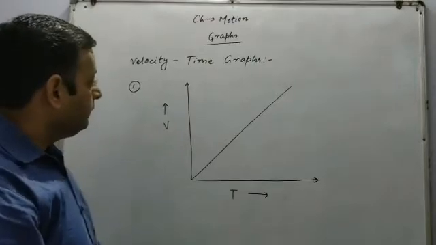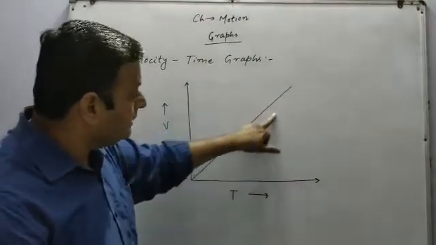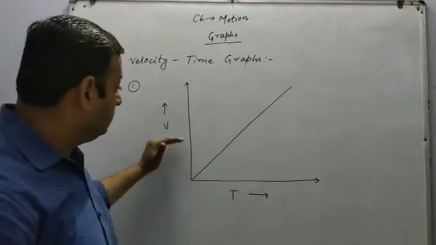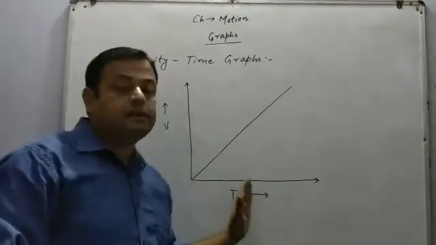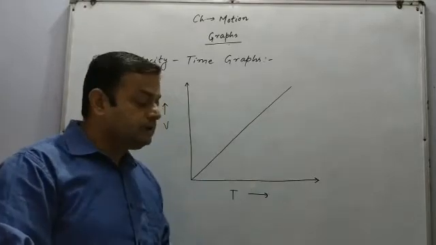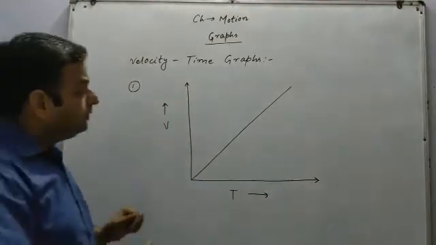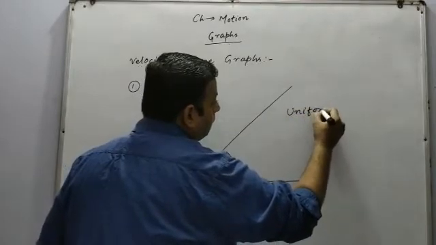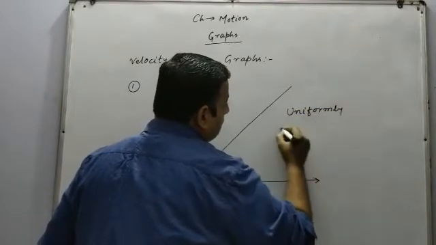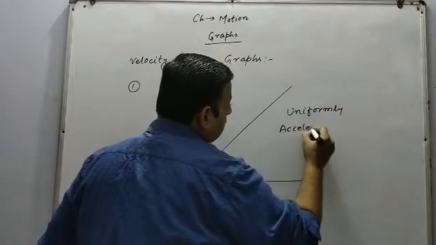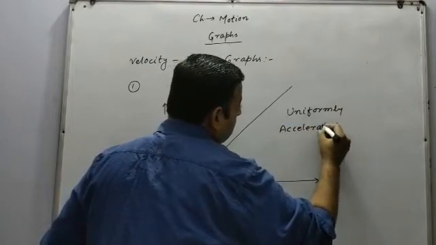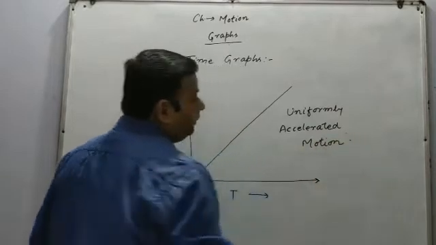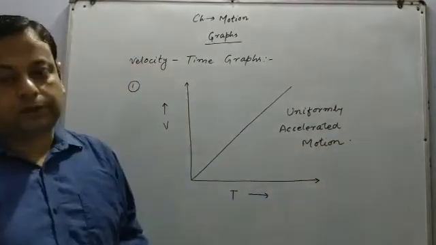So we can say this straight line represents that the ratio of increase in velocity and the ratio of increase in time would be same. So such type of graph represents uniformly accelerated motion.